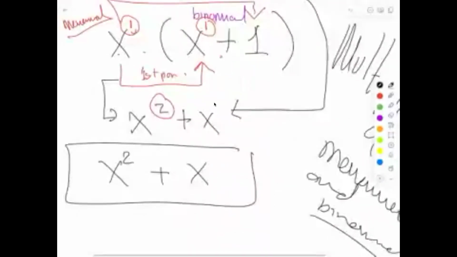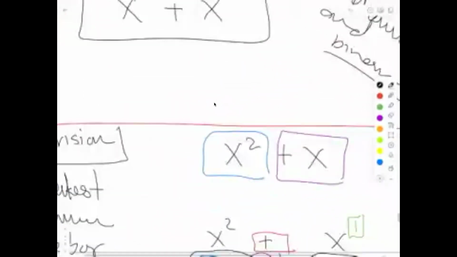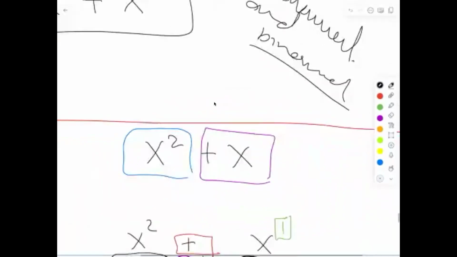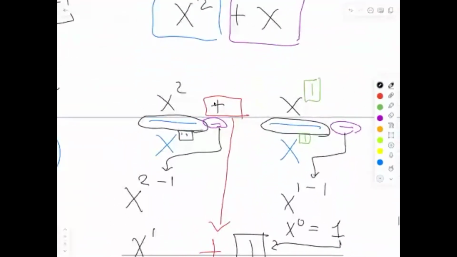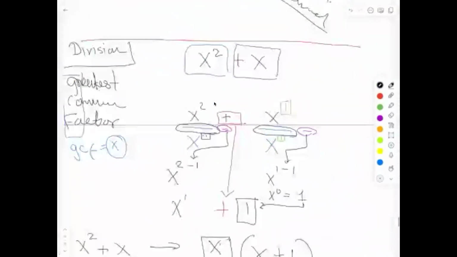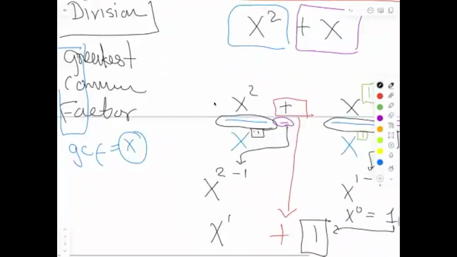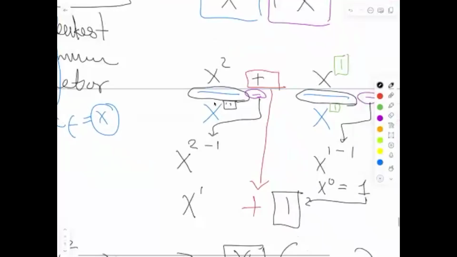So now the family is going to break up. The x squared plus the x, they're going to break up. There has to be some type of commonality, right? That's why they go to court and they got their judges and they got their attorneys. And now we need to divide these people. Well, we got to find some common ground. Well, the common ground is the greatest common factor, which is x. So when we are doing division, we are extracting what is common to both out of them.